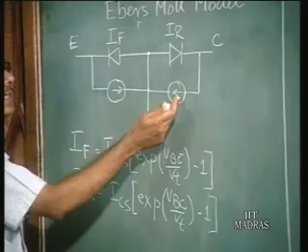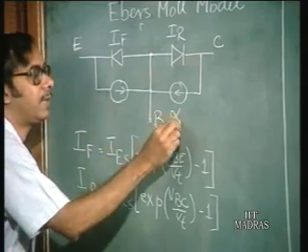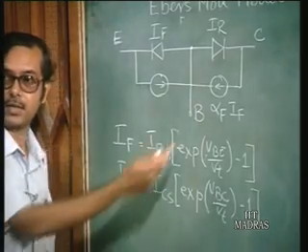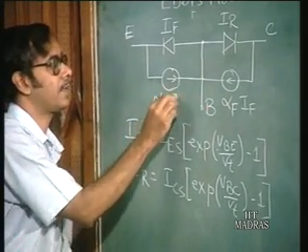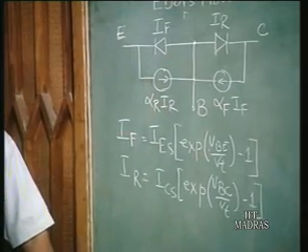These current sources are actually the coupling between the 2 junctions. This one is given by a constant into IF. The constant is called alpha F, and this current source is given by alpha R IR, where alpha R is another constant.